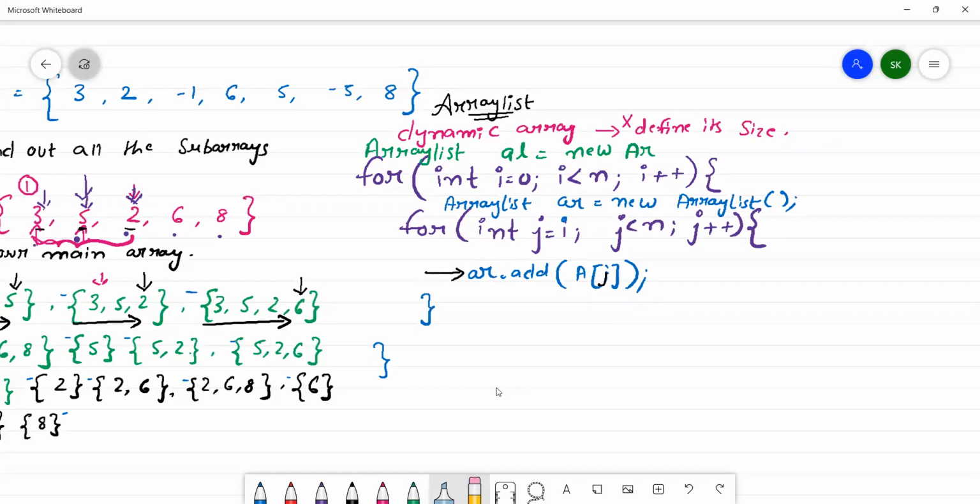The previous ArrayList of yours was an ArrayList of integer. You were storing integers in it, right? Are you all able to follow this? And now your current ArrayList, in this you will be storing your subarrays only, that is arrays only. So this will be your ArrayList of ArrayList.